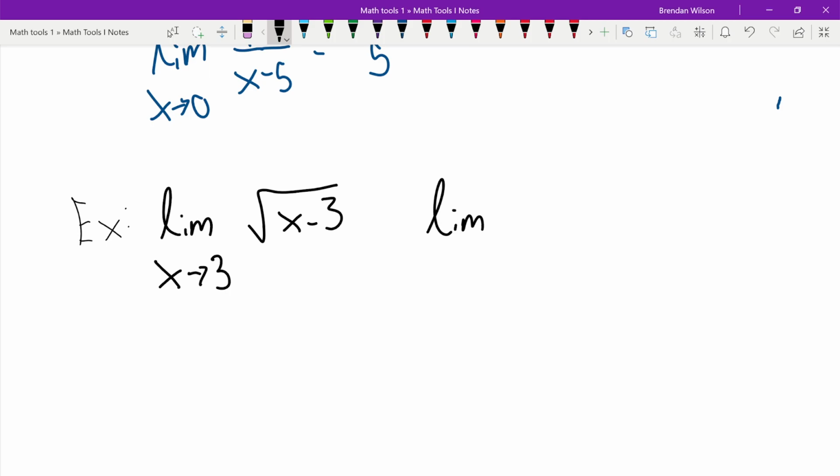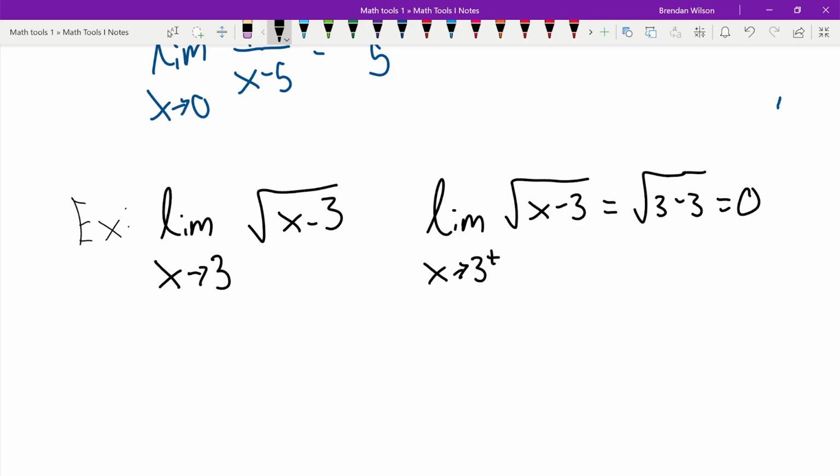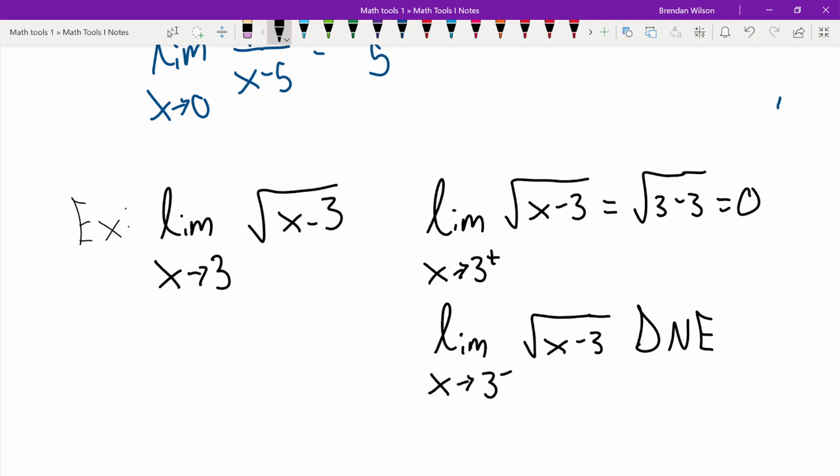So specifically, the limit as x approaches 3 from the right of the square root of x minus 3 is equal to the square root of 3 minus 3, which equals 0. And that's fine. But the limit as x approaches 3 from the left of the square root of x minus 3 does not exist.